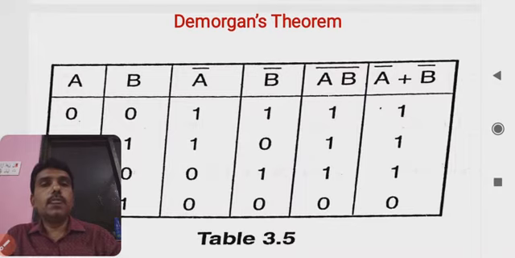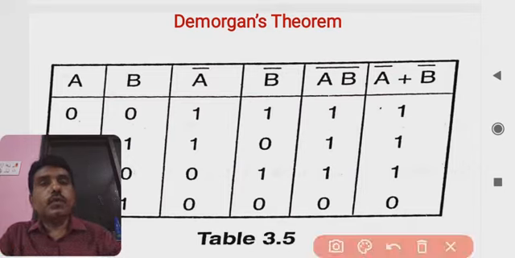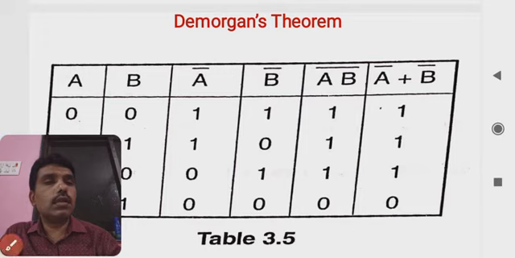So let's look at what exactly it is giving us. Here A and B is simply the AND operation, and we are aware of it. When all the inputs are high, then and only then it will give us a high output. That is the logic of the AND gate. So A and B, you can see this clearly in the truth table.